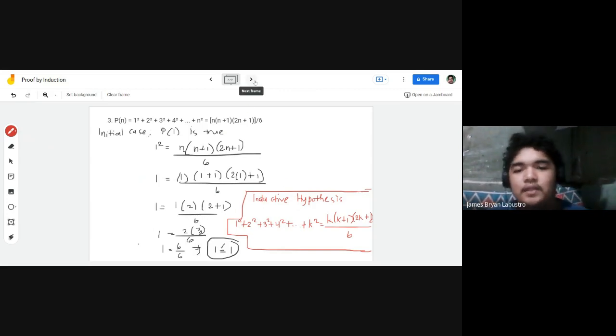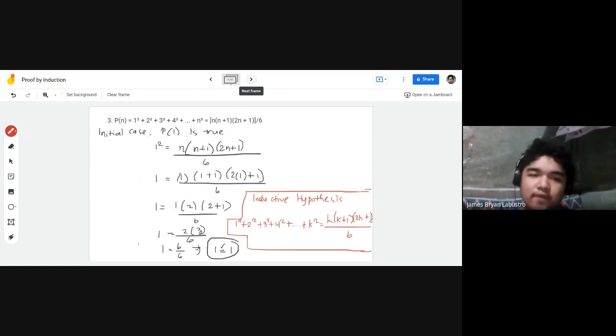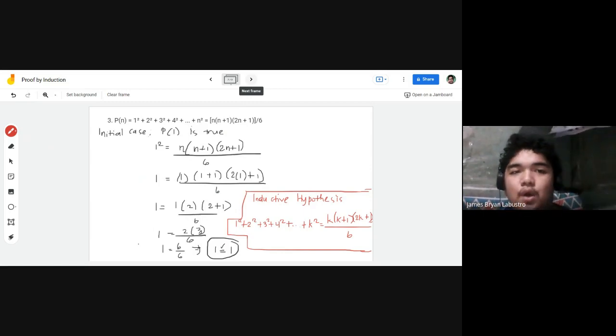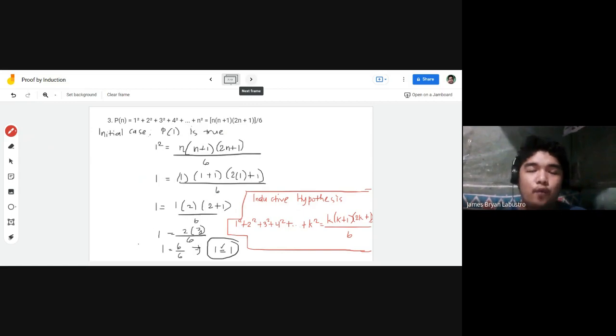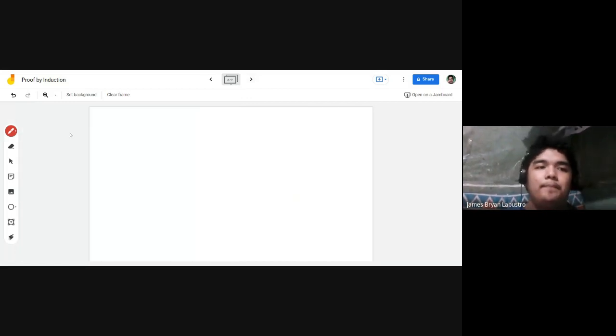Now that we have the inductive hypothesis, we can use it for the induction step.